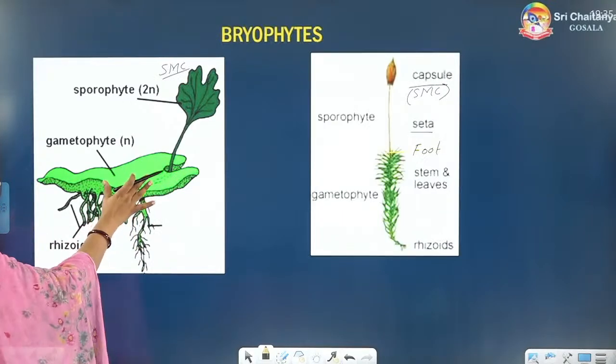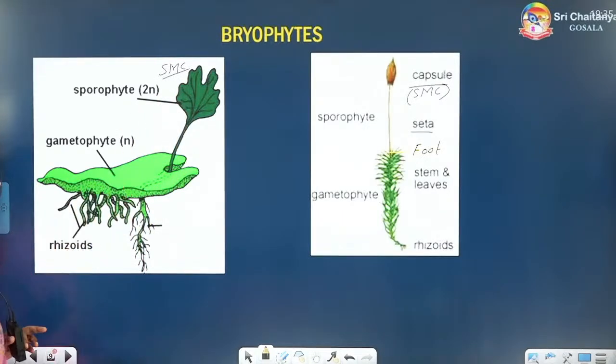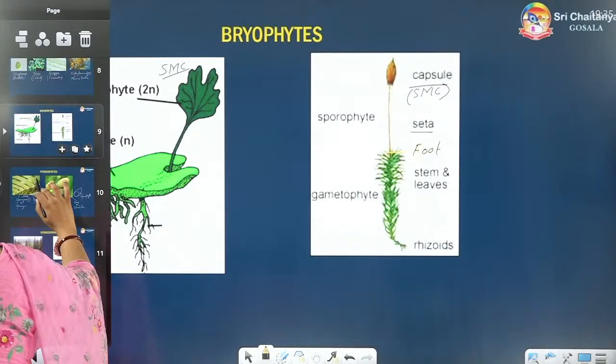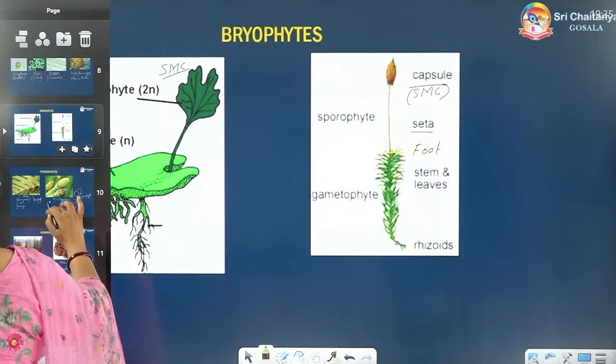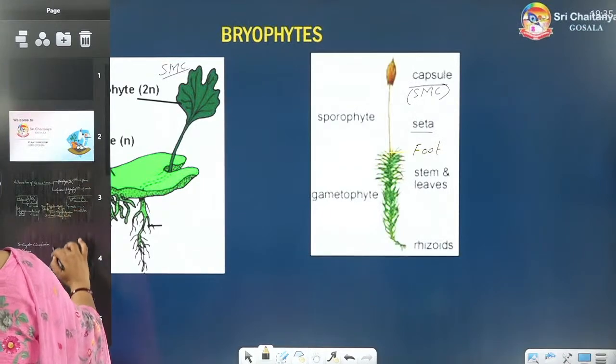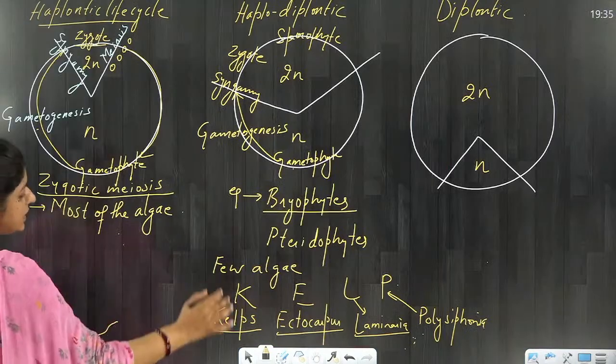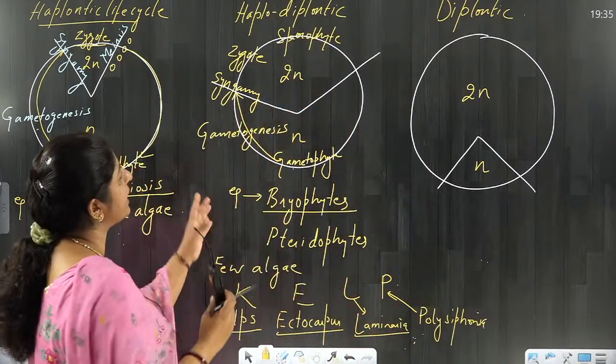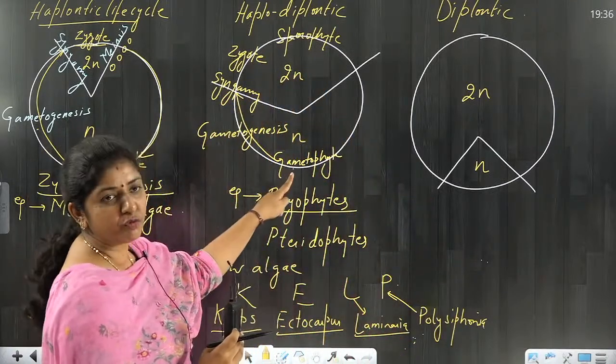Fine. So this is gametophyte. Sporophyte depends upon the gametophyte. Now coming to this part, so this is what we have discussed. Sporophyte of bryophyte depends upon the gametophyte.